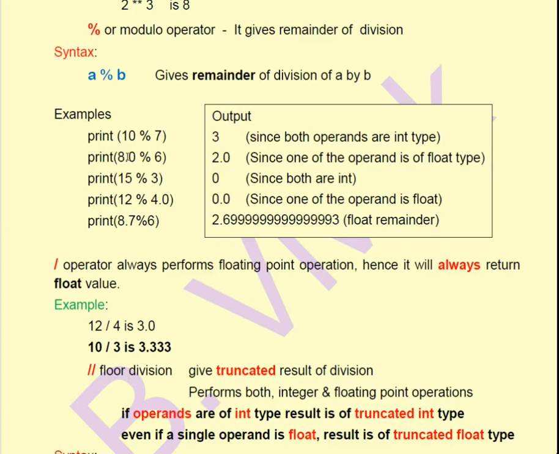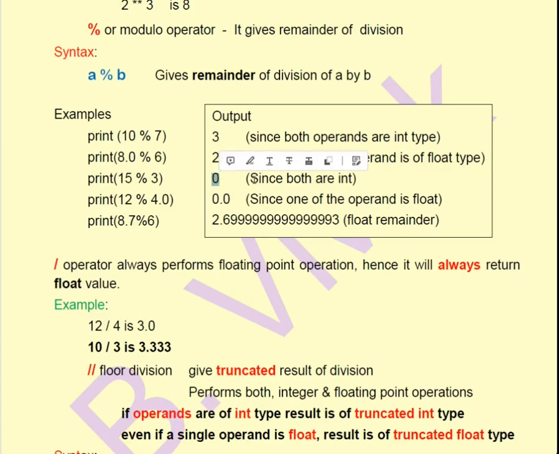Print 8.0 mod 6. 8.0 is float, 6 is int. Divide 8.0 by 6 and give the remainder. So 6 ones are 6, the remainder is 2, but the result is 2.0. Since one of the operands is float, the result is of float type. Print 15 mod 3. 3 5s are 15. The remainder is 0.